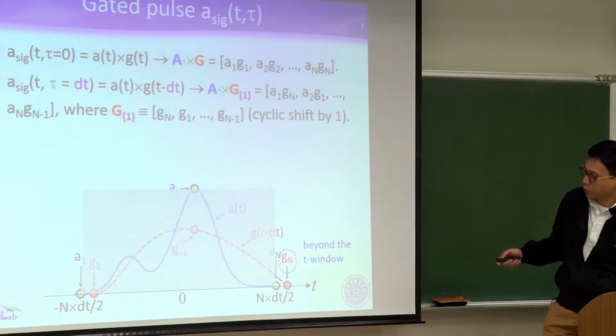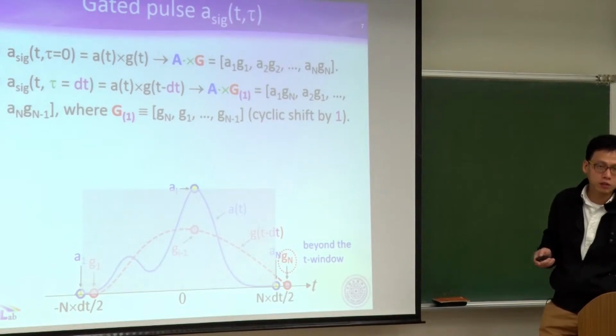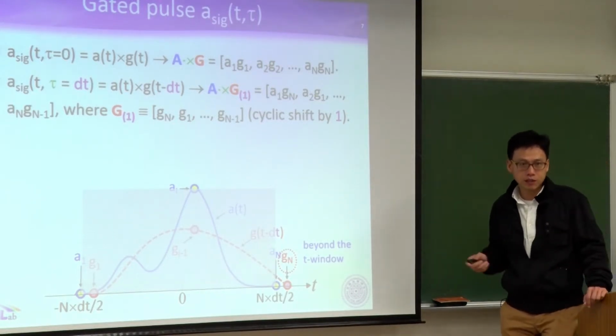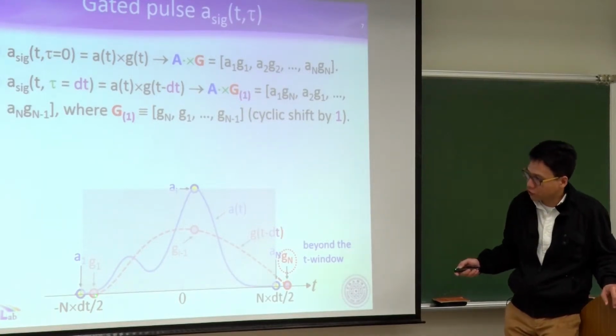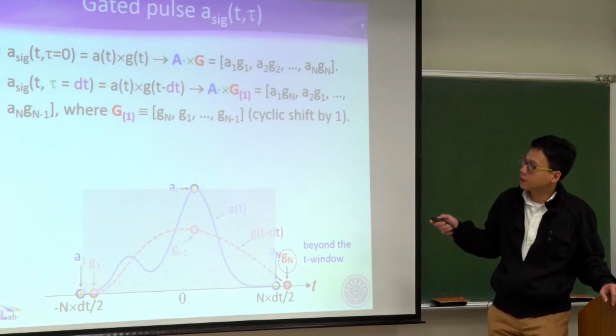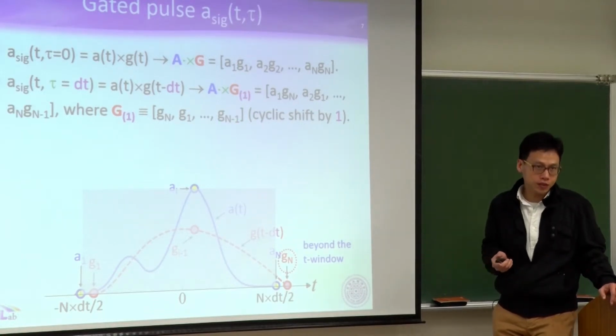This is your time window. Originally, the temporal sampling is within this time window, but because of the shift, 1 data point is beyond the window. So you have to move Gn to the first element. That is the meaning of cyclic shift.